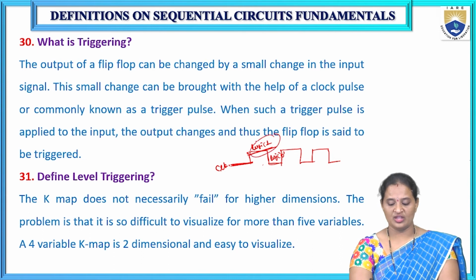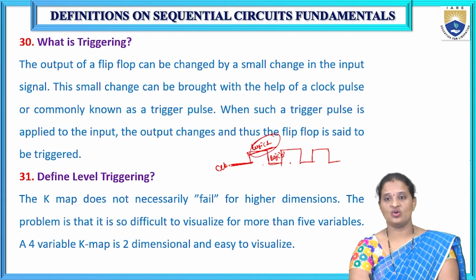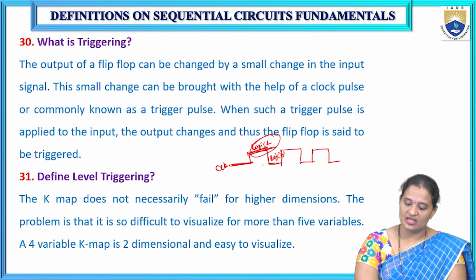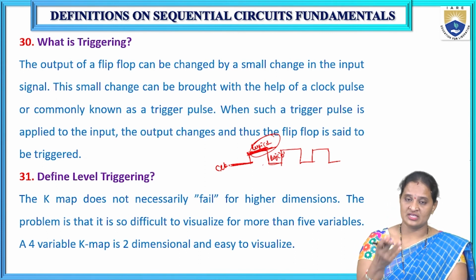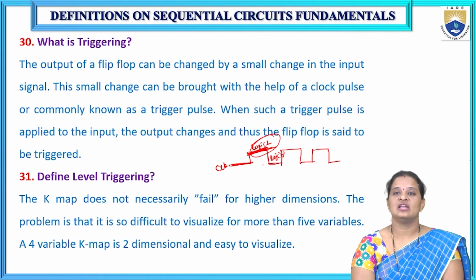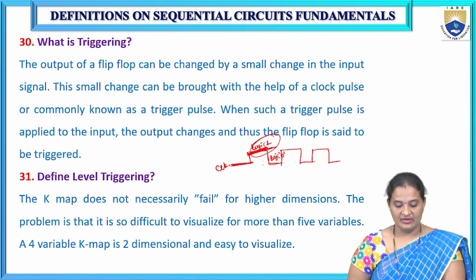Instead of remaining at logic 1, it will go back to logic 0. So when the clock signal is either logic 1 or logic high, if there is a change in the input signal and the output changes accordingly, then such type of triggering is called level triggering. So that is level triggering.